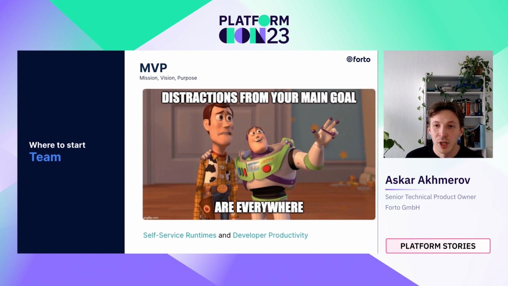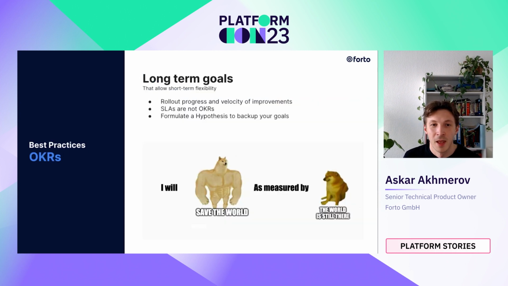Whenever the team starts working on the new sets of problems, the vision and the mission can obviously change alongside with them. Now, if we think about the things that could be done in order to avoid distractions while working in the teams, I found it's very useful to define the long-term goals for the teams.